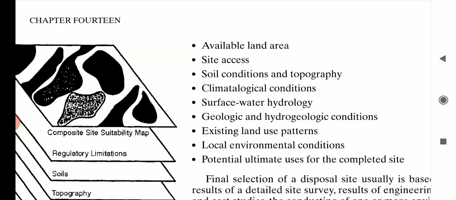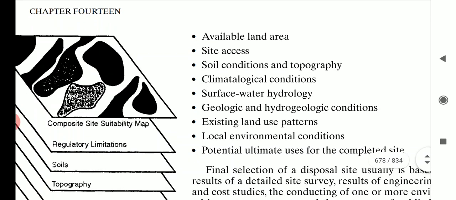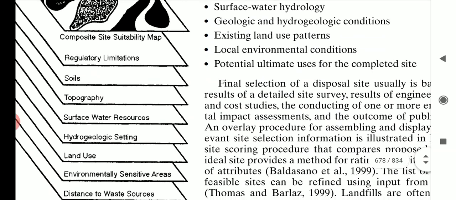And existing land use pattern. Existing land use pattern means what the surrounding area is used for. For example, if the landfill is provided near an agricultural area, then the agricultural area may get polluted because the soil may get polluted. So for what purposes that site and the nearby sites are used should be studied. That is existing land use pattern.